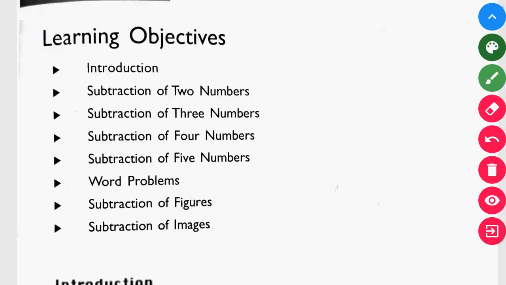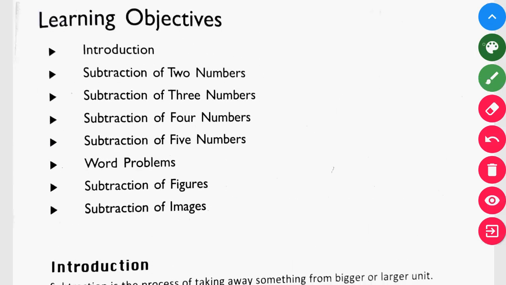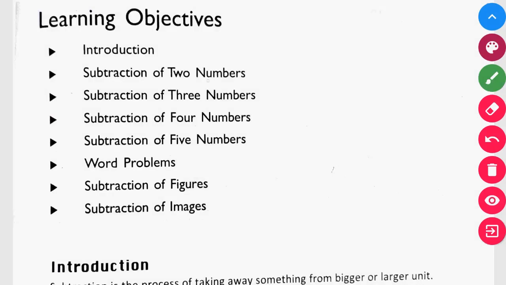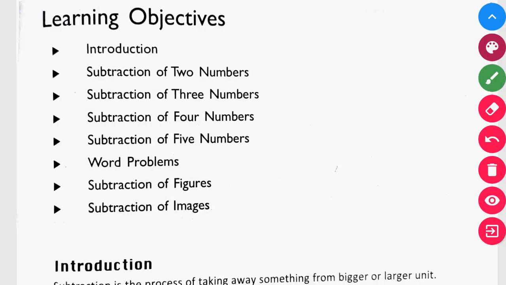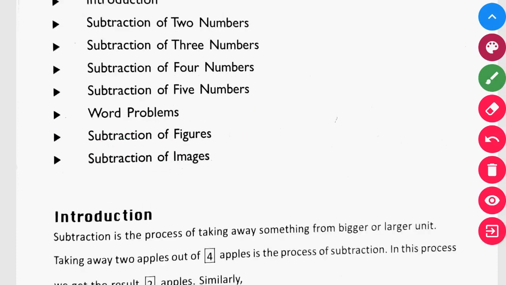Now in the chapter subtraction, we are again going to see how to subtract two numbers, how to subtract three numbers, how to subtract four numbers, how to subtract five numbers, some word problems based on subtraction, and subtraction of figures and subtraction of images also we are going to study in this chapter.